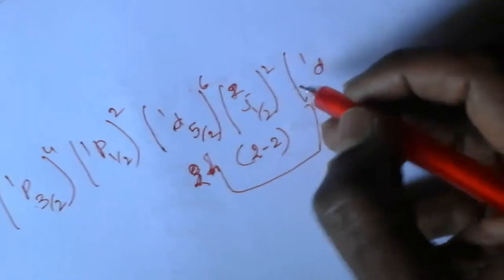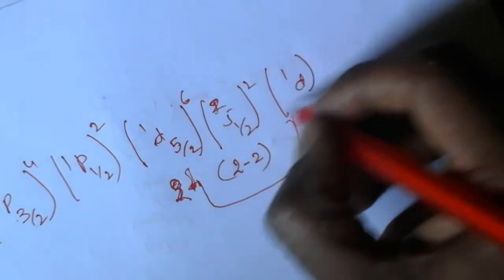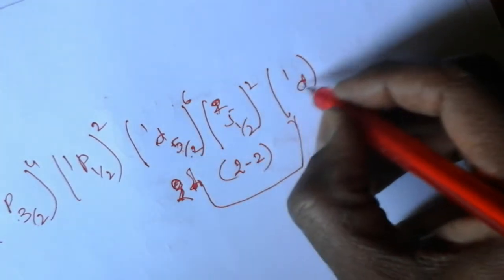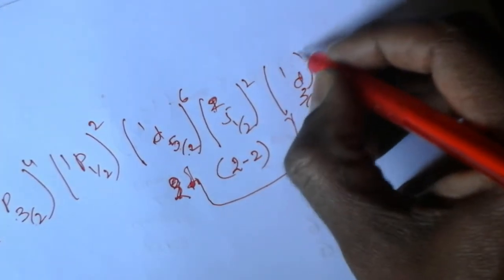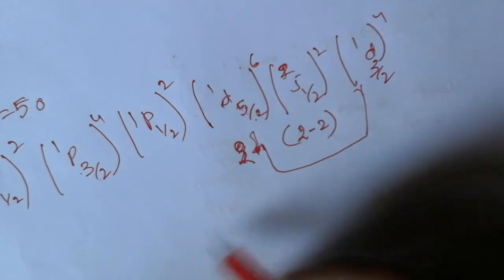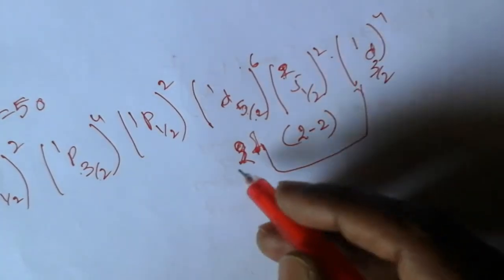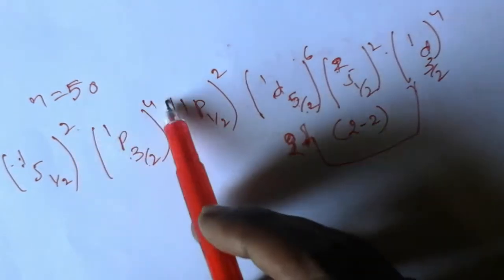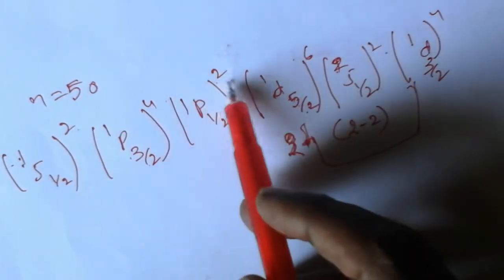So I can write d is equal to 1d, here 5 by 2 is there, minus 1, 3 by 2 whole power 4. It's completed.